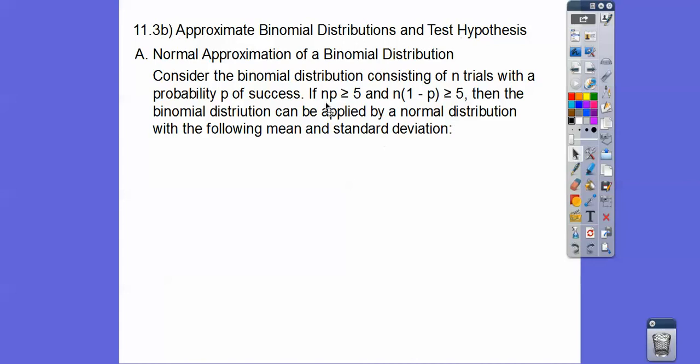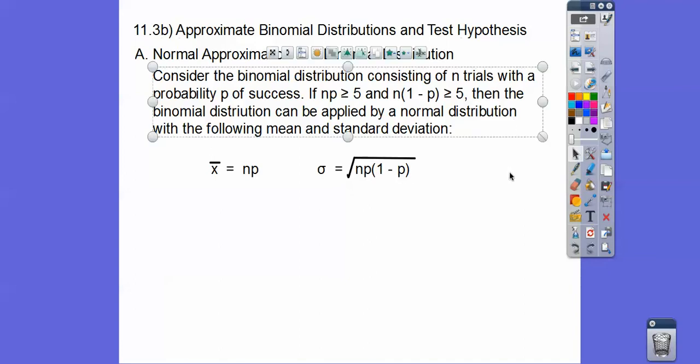As long as n times p is greater than or equal to 5, and n times the complement of the probability, n times 1 minus p, is also greater than or equal to 5, then the binomial distribution can be approximated by a normal distribution with the following mean and standard deviation. Your mean is n times p, and your standard deviation is the square root of n times p times 1 minus p.